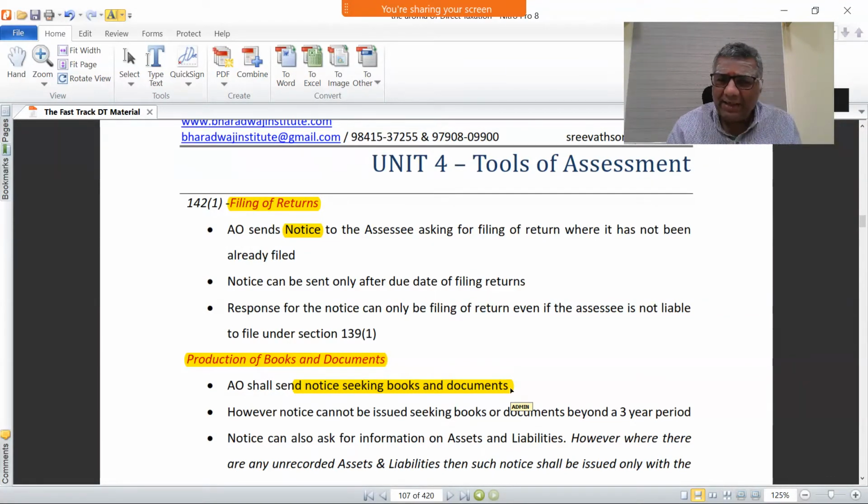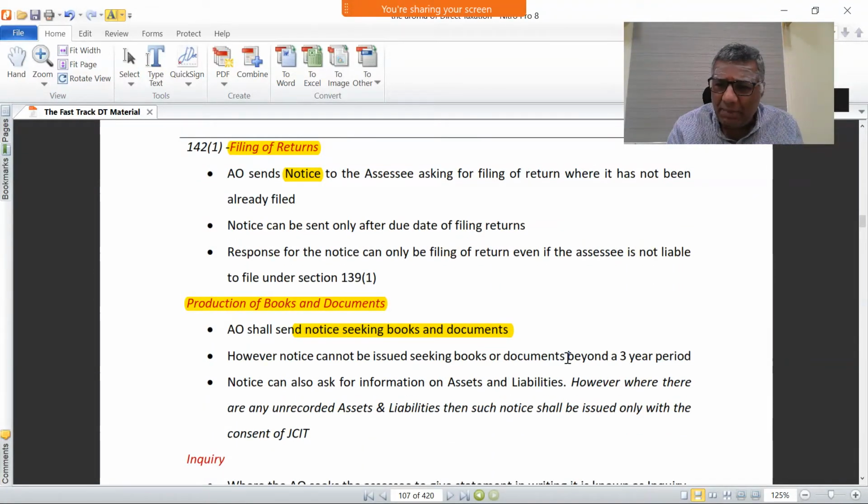And they cannot ask for a period beyond 3 years, the person who is sending. But the senior officials, joint commissioner and above, they can ask you to give for a longer period also, which we will see in the third assessment process.